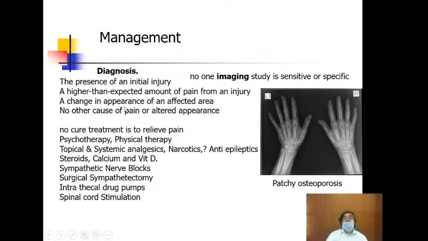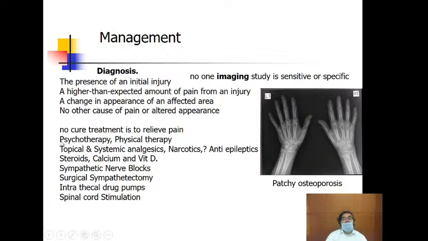And if you open the plaster, you can see the change in appearance of the skin and the hair. So here there is no definite cure. All these things are like you are throwing stones in the fond hope that you are going to hit the bullseye.